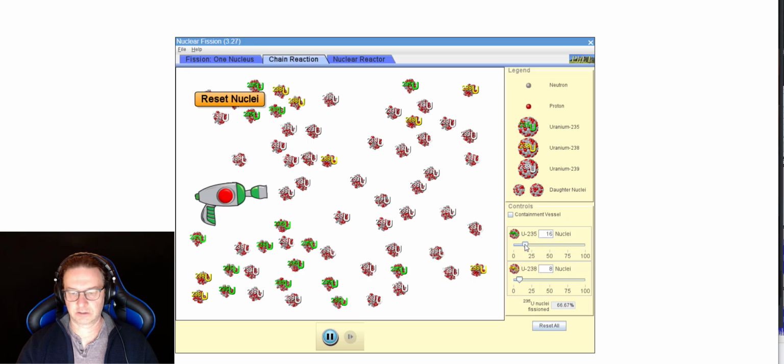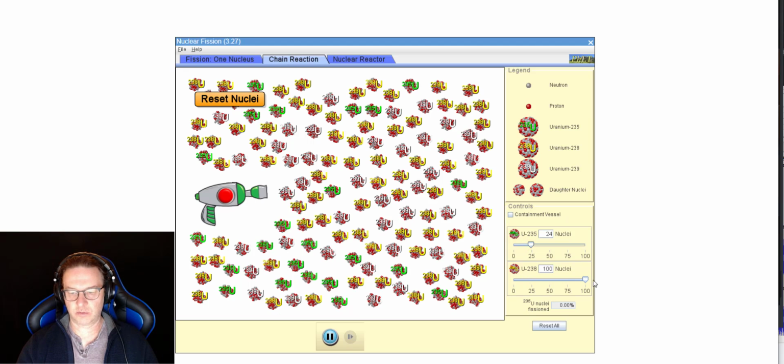So I'm going to try starting with more 235 and then a whole bunch of 238. Okay, so by having the 238 in here, it takes up some of those neutrons and stops the chain reaction.